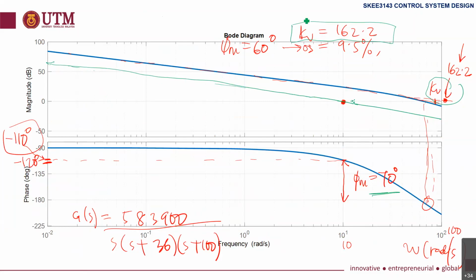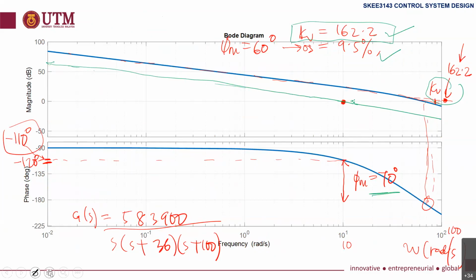Because gain adjustment, as I mentioned earlier, can only achieve one objective. Here, I can achieve 70 degrees phase margin, but the error will change. Our aim is to have KV of 162.2, phase margin 60 degrees, and overshoot 9.5.